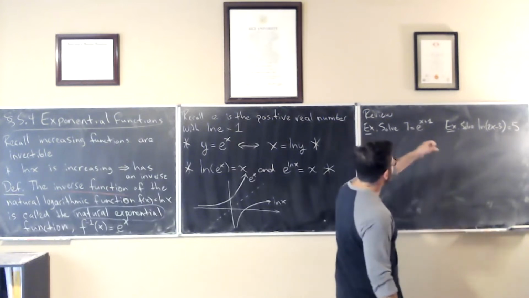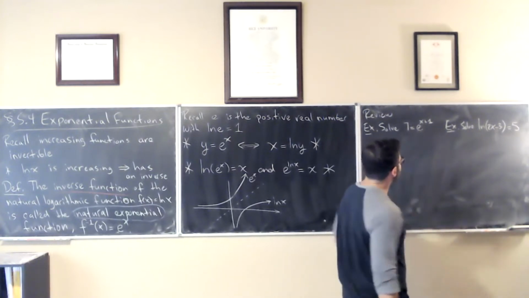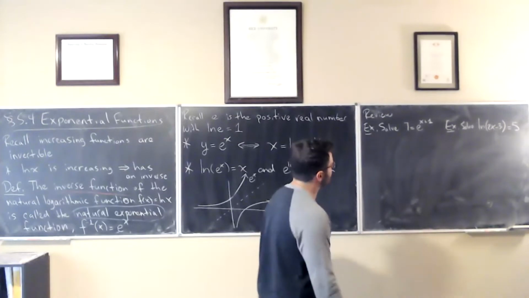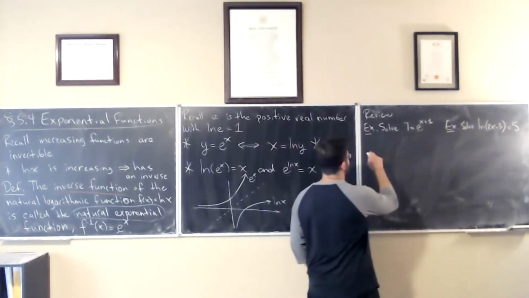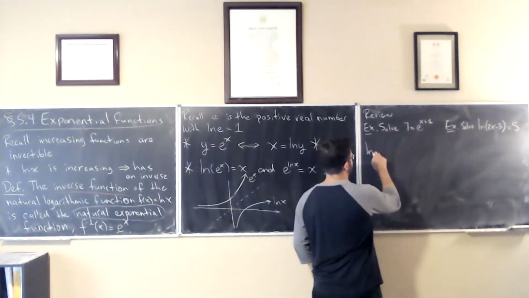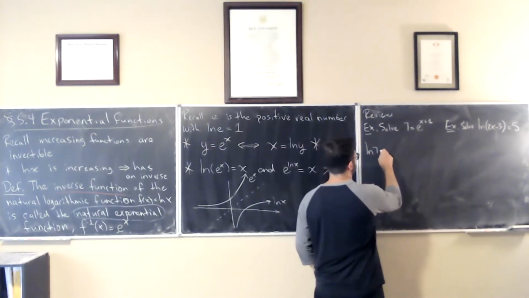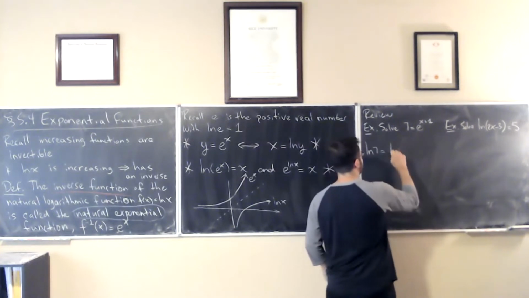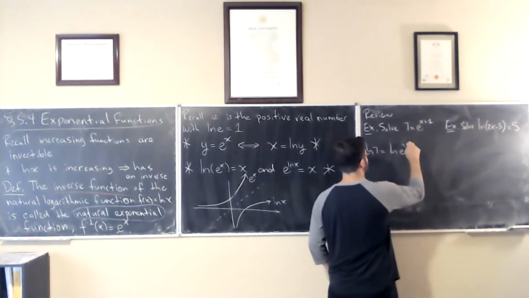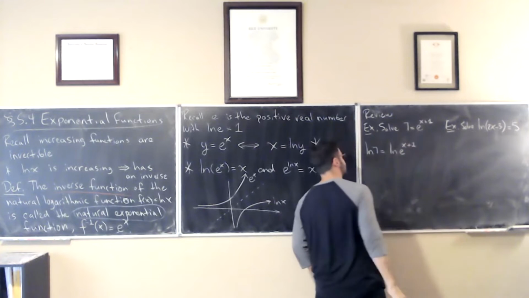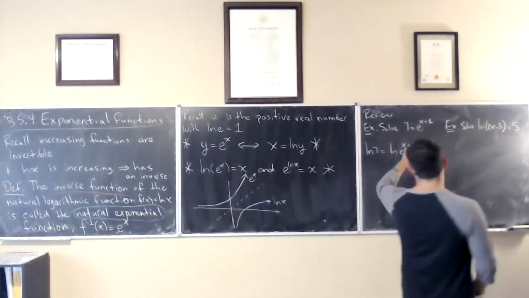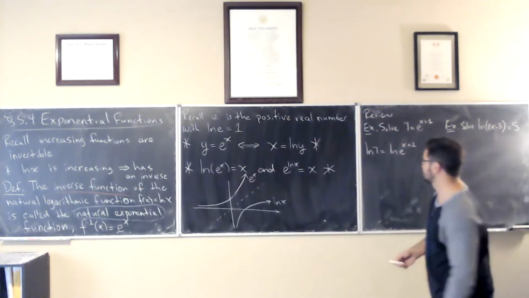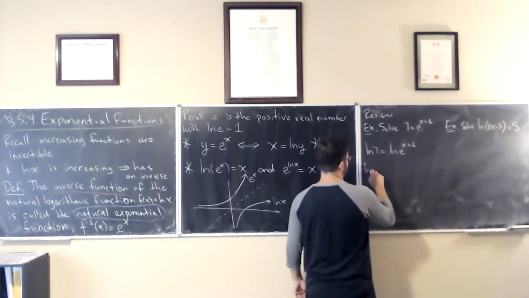So here we have 7 is equal to e to the power x plus 1. So then we can take the natural log on both sides. And then we know that exponents become coefficients in the natural logarithm.